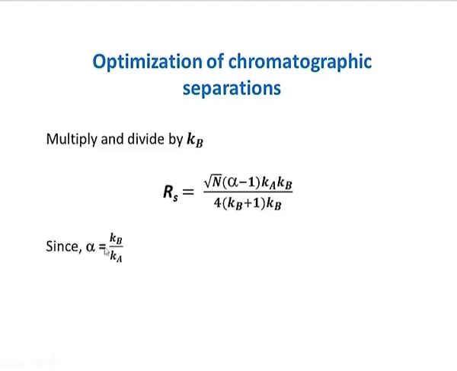So, now you can put this selectivity term back in this equation and one can get the final value, which is Rs equals square root of n times alpha minus 1 upon alpha times Kb upon Kb plus 1. Now, this is the final equation for resolution that we would use for further optimization studies.